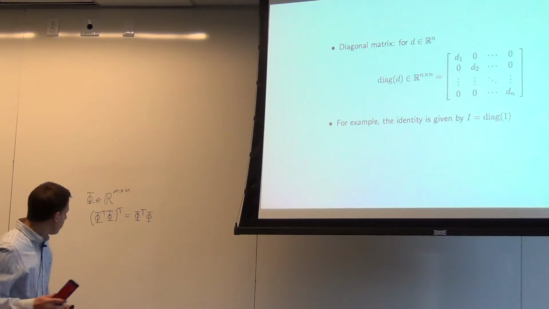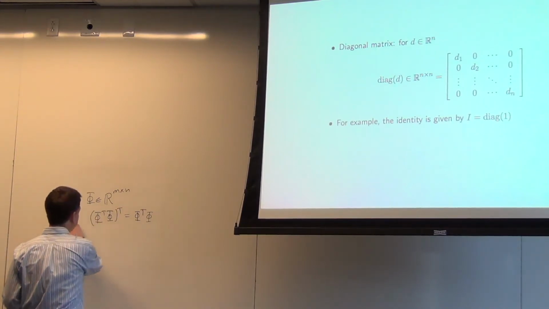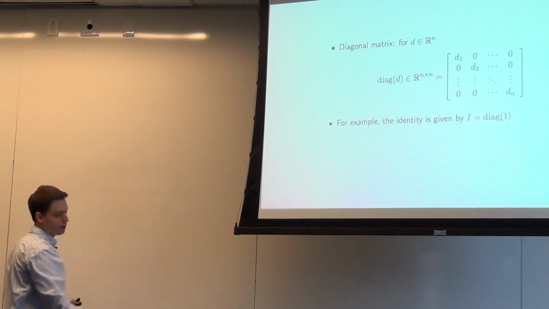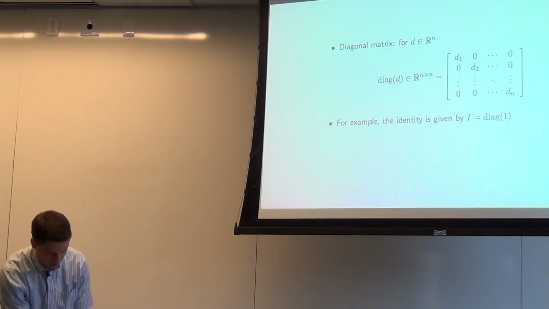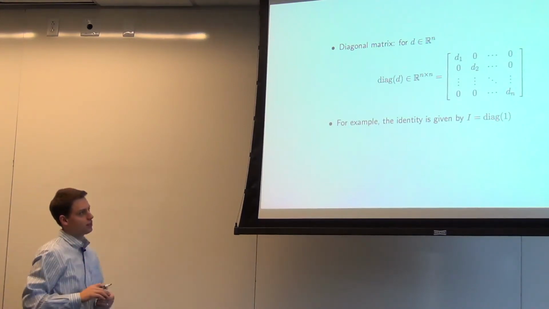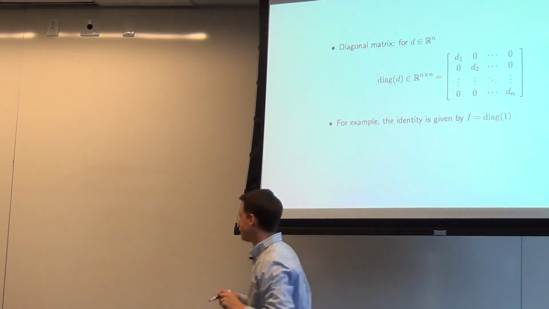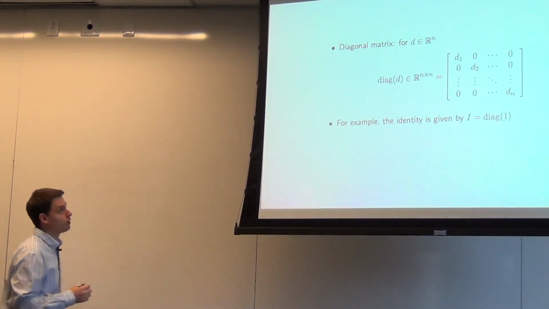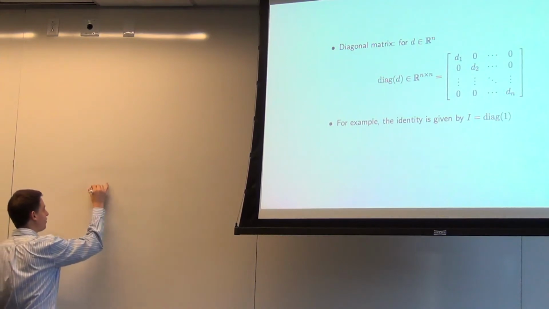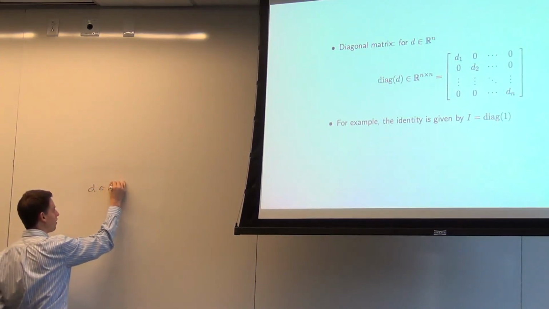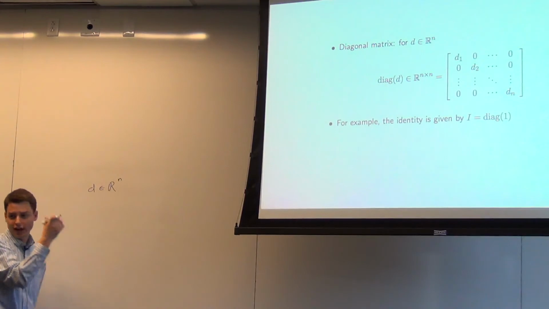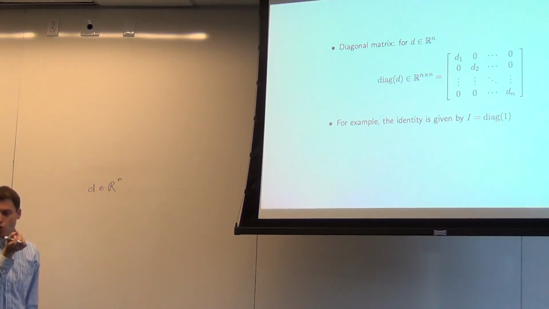All right, a few more special elements here. A diagonal matrix is a matrix, not surprisingly, that has zeros everywhere but its diagonal. So for a vector d in R to the n, an n-dimensional vector, we'll use this notation.